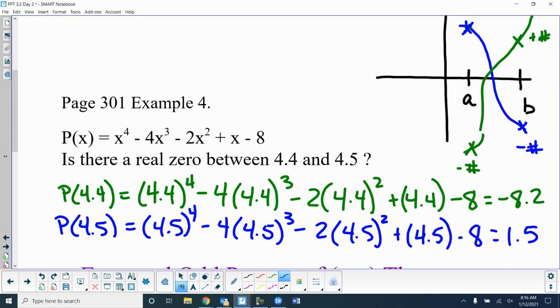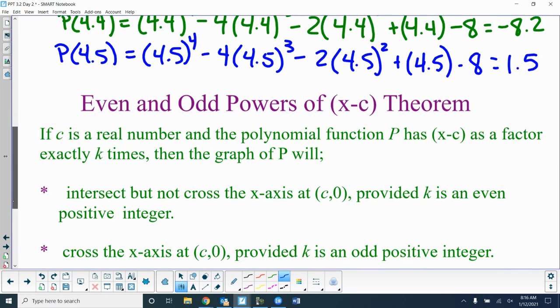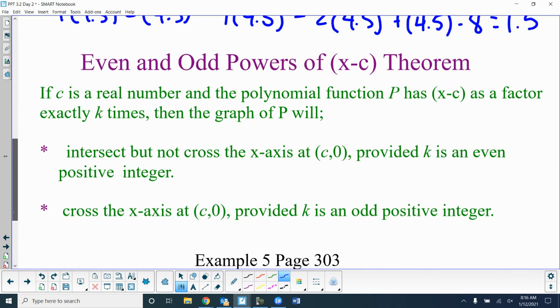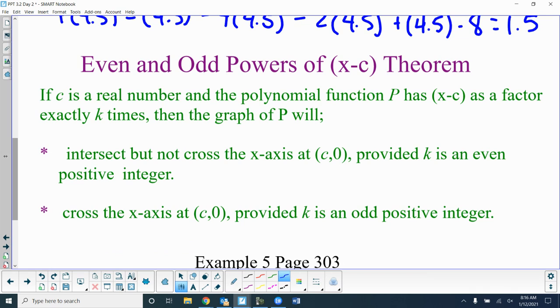The last part of today, even odd powers theorem, okay? If C is a real number, again, this C, like x minus 1, will make C 1. There's a real number, and the polynomial function P has x minus C as a factor, k times, then the graph of P will intersect but not cross. I call that bouncing. Okay?